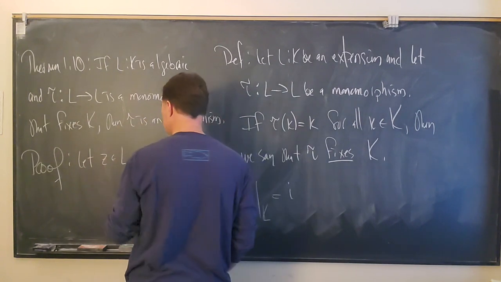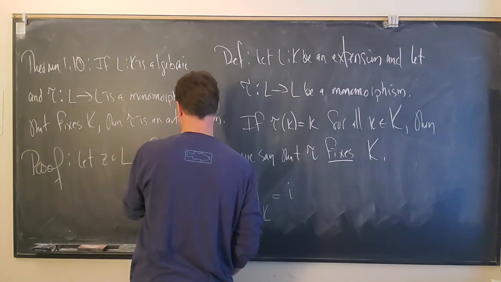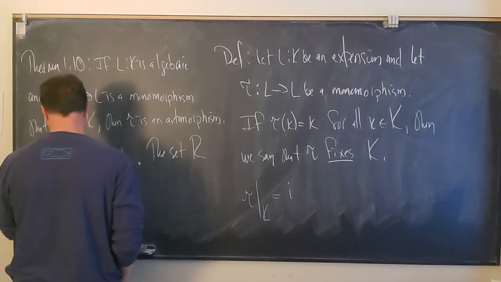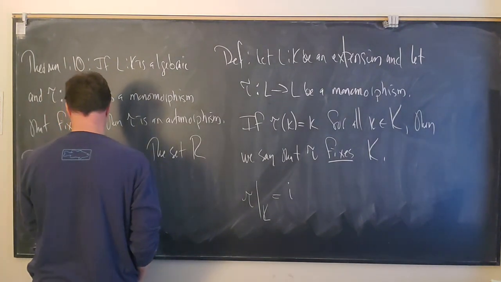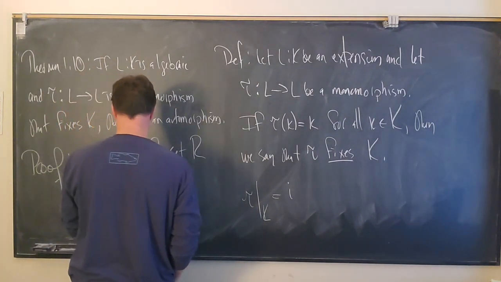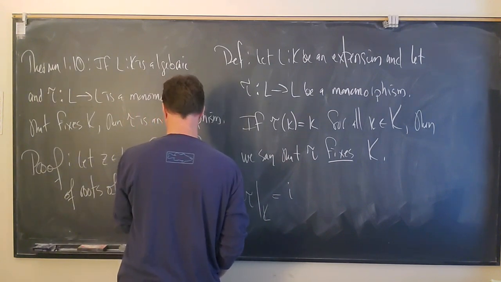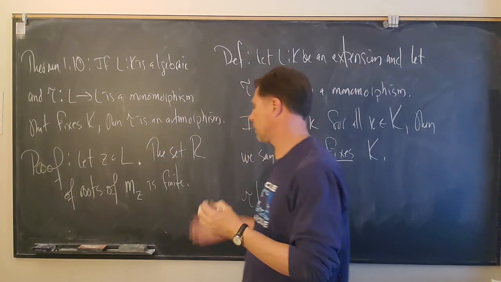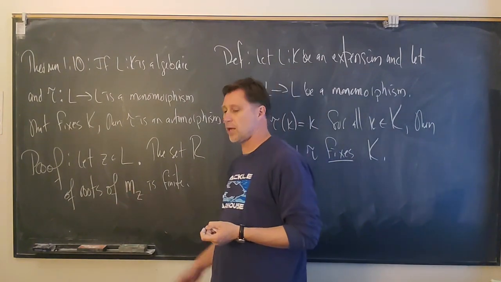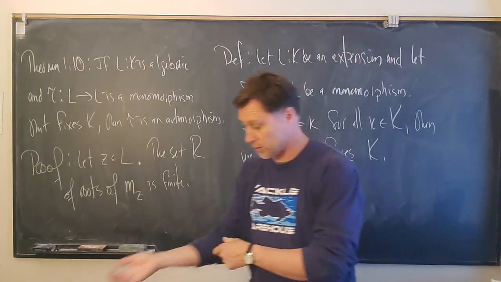And I want to look at the roots of those. So the set capital R of roots of the minimal polynomial m sub z is finite, right? A polynomial of degree n has at most n roots.